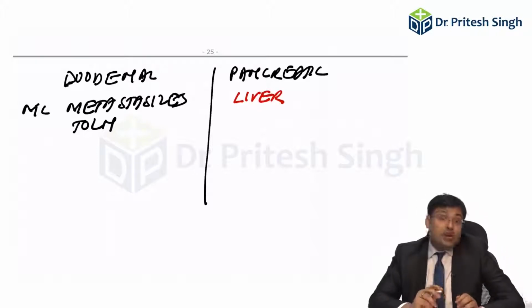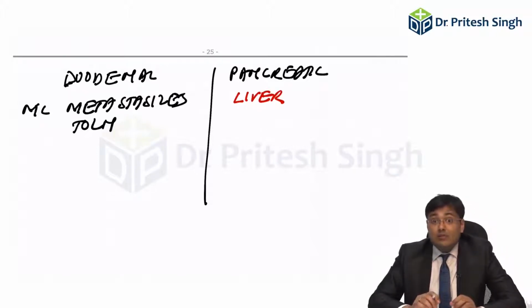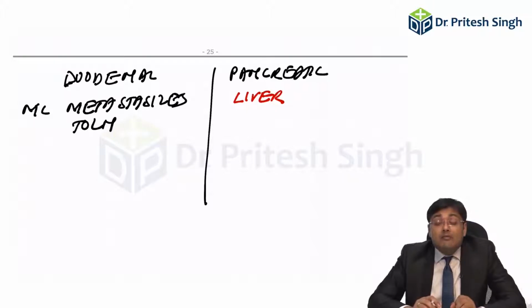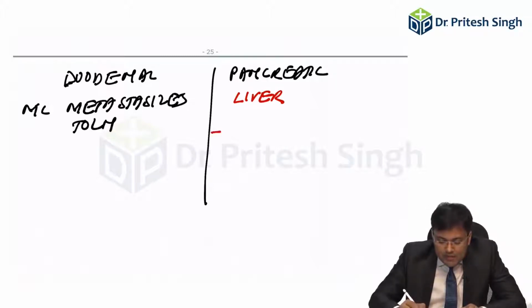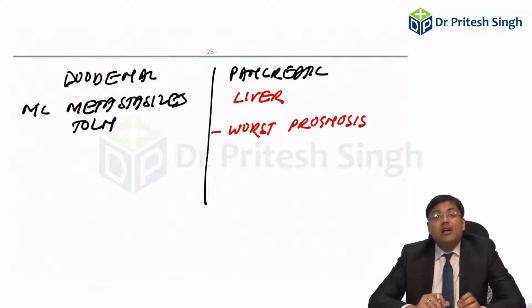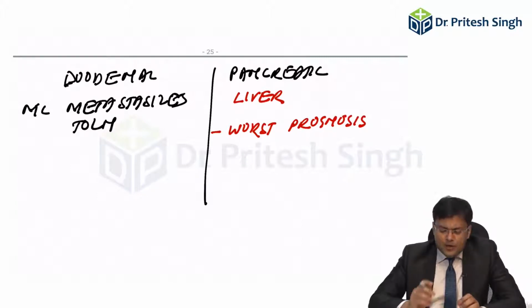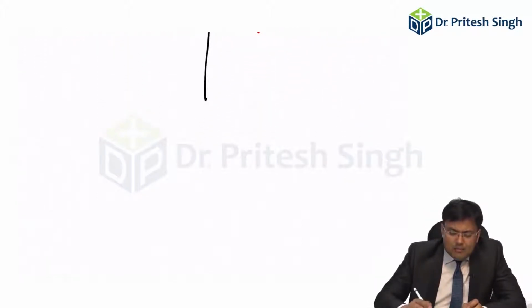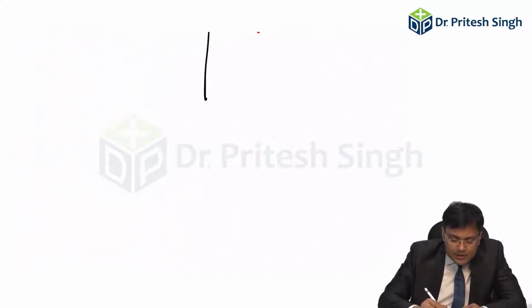What is the most common cause of death in Zollinger-Ellison syndrome or gastrinoma? It's the liver metastasis. That's why, obviously, which one has the worse prognosis? Pancreatic gastrinoma has the worse prognosis because the most common cause of death in gastrinoma is liver metastasis.